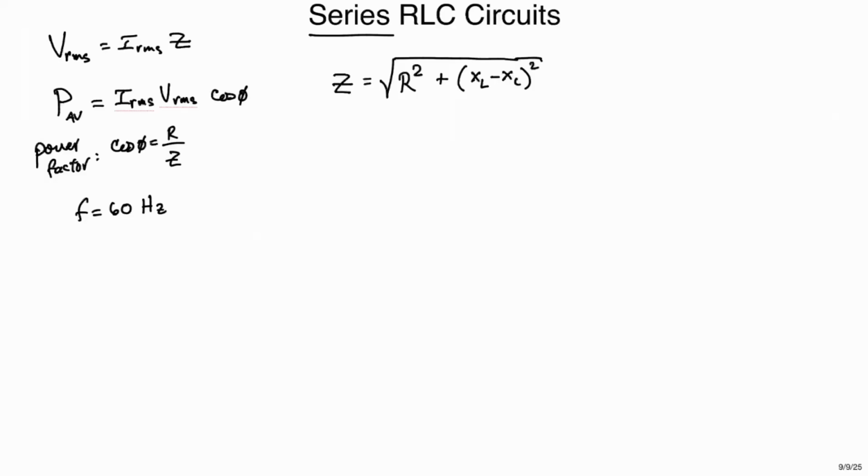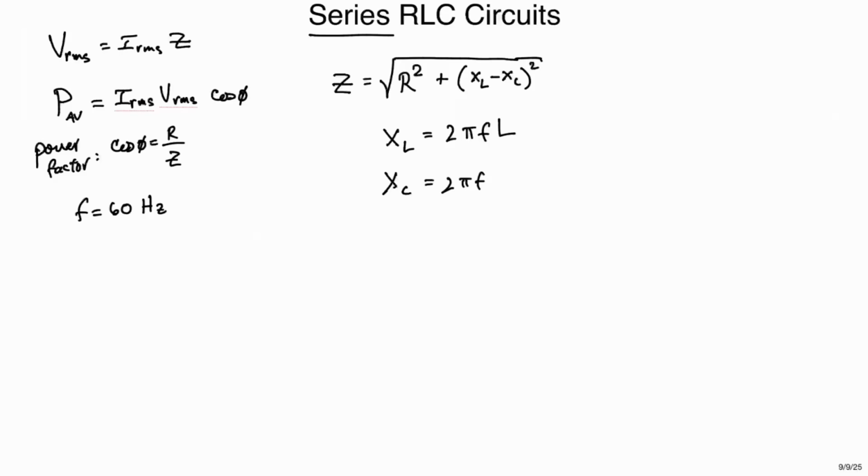Then there are these other two symbols, X sub L. X sub L, according to your book, is 2 pi times the frequency times the inductance. And X sub C is equal to 2 pi f times... that is not right.